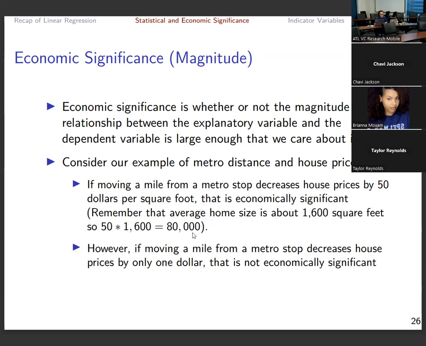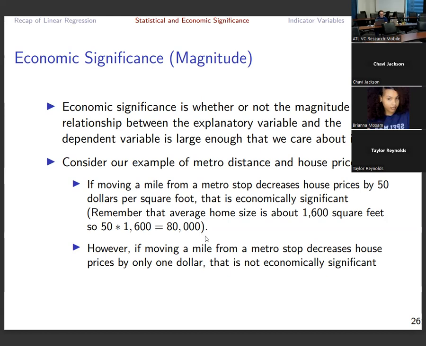So is $80,000 an economically significant amount of money to decide upon? I think it is. If I move a mile further down the street, I save $80,000 on my house. So not only is this statistically significant, it's also economically significant. $80,000 is something that I think people would factor into their decision.